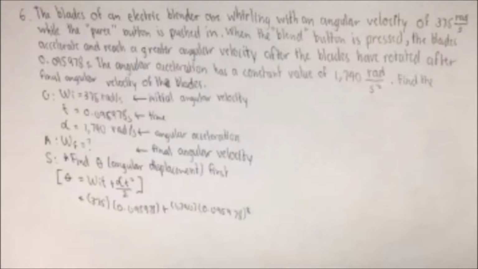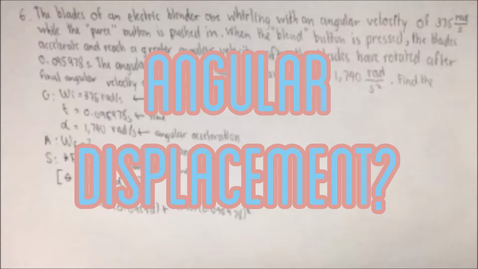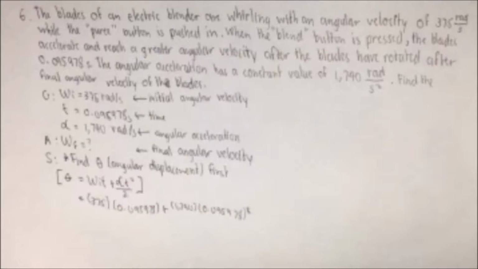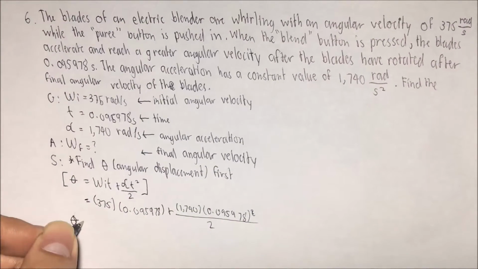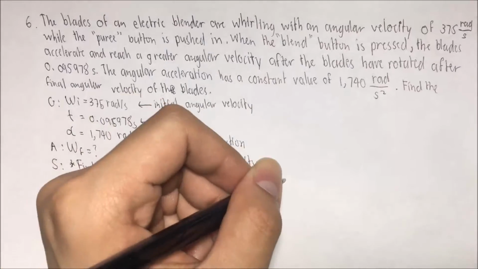But before we can do that, we need to find the angular displacement, which we can do by using the formula: initial angular velocity times time plus the angular acceleration times time squared over 2. This gives us an answer of 44, which then leads us to our next equation.